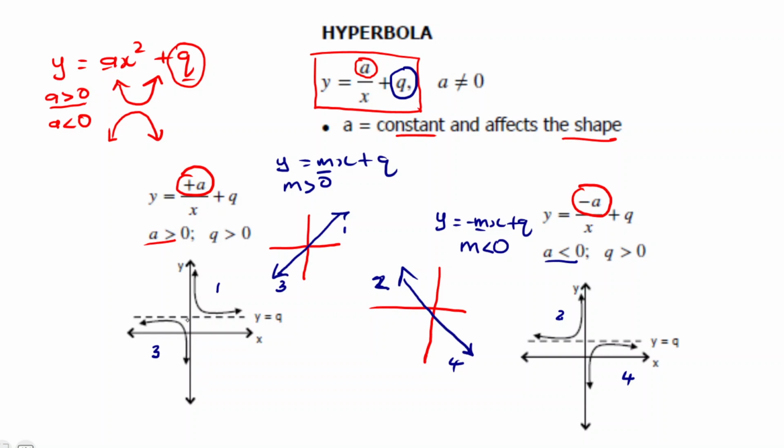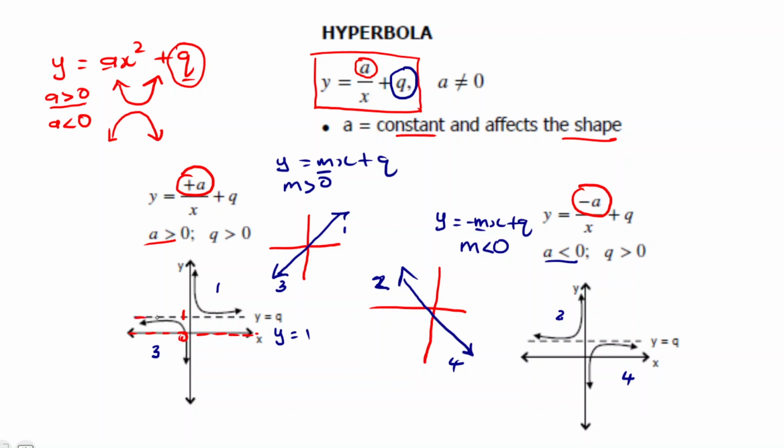For example, in this case, if I set y equal to 1, or that q is equal to 1, that means that this straight line, the horizontal asymptote, at the beginning was at 0, at the origin, but it was lifted now 1 unit up.